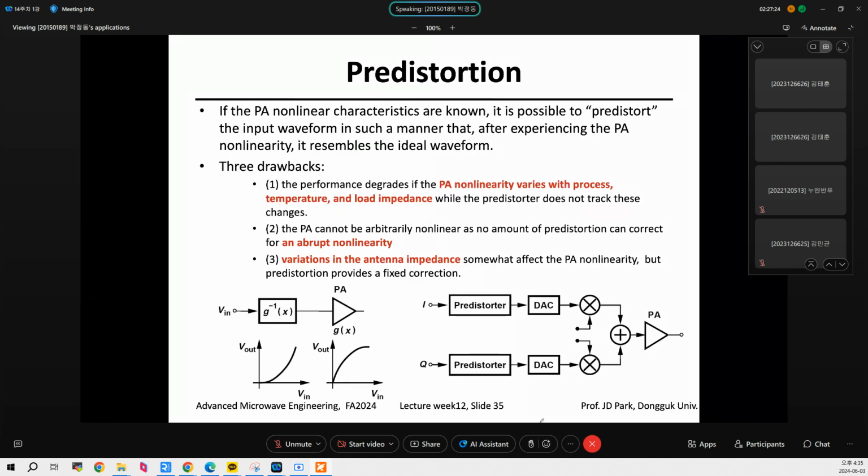And there is another way of making things linearized. It's called predistortion. If the power amplifier nonlinearity is well understood, then we can predistort the input waveform, right? So it's a very simple approach. Let's say this is distorted, like this.